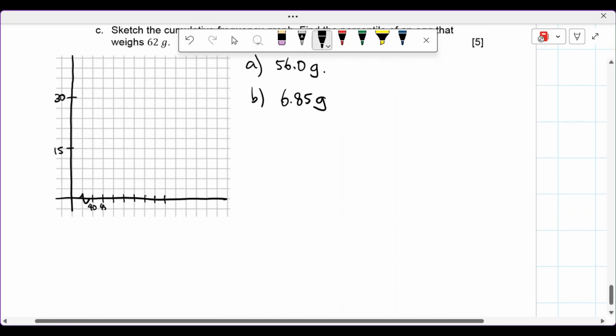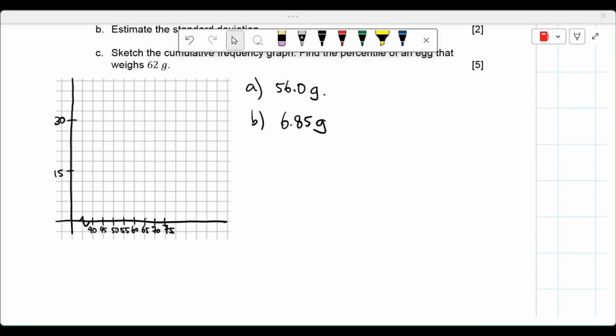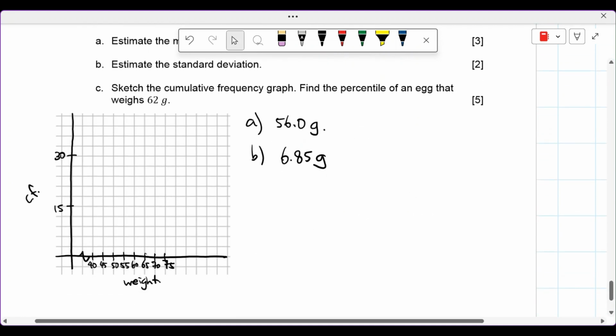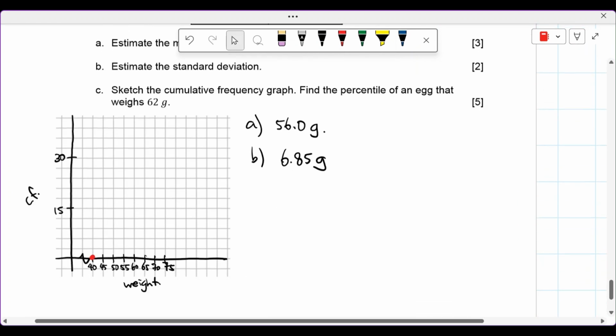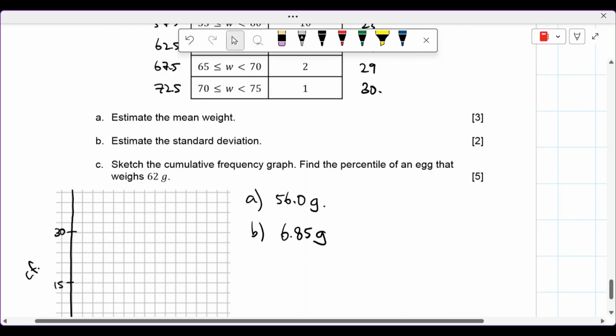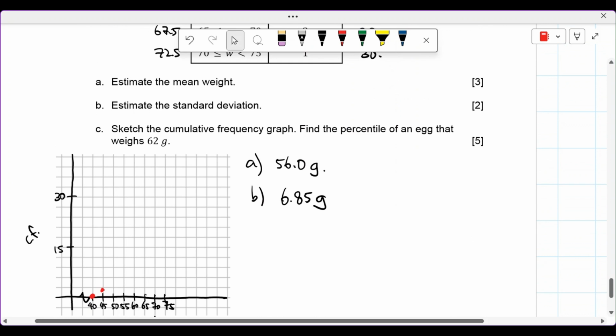That sounds good. So that's the weight and the cumulative frequency here. So let's start plotting. At 40 grams, the cumulative frequency is 0, so that's starting from 0, remember? And then at 45 mark, we have 2 in total, so that's about there. At 50, there's a total of 5.